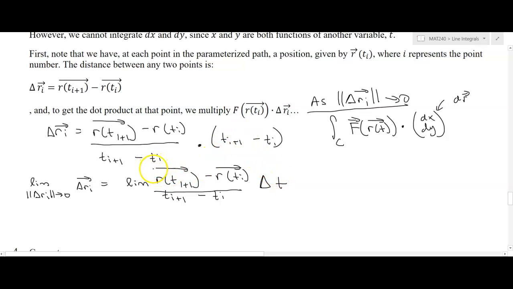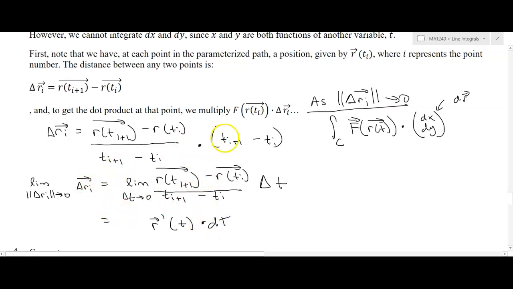And what we know is that if you take the limit of a difference quotient as delta t approaches 0, because that's what's going to make our delta r vector smaller, by making the time increments really small, and we don't need the magnitude anymore because this is not a vector, this is just a scalar, time, this is going to approach the derivative of r, and delta t will approach dt.